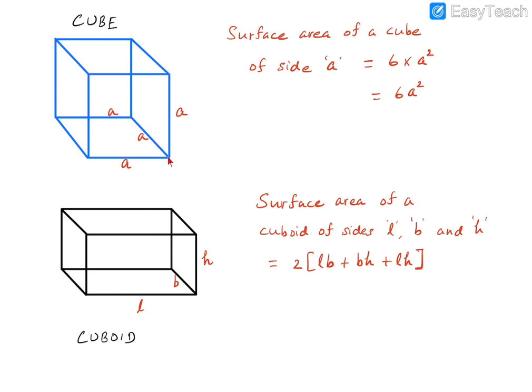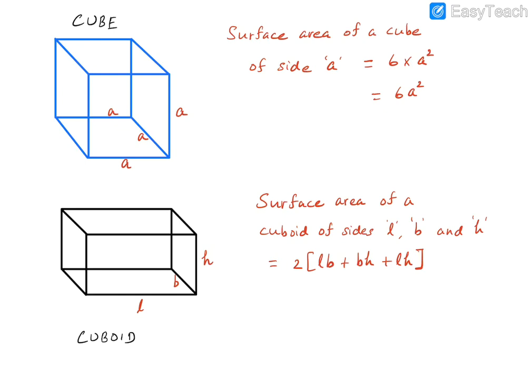So if we take one particular surface, it has a length of A units for each side of the square, so the area of each square is A square. Since we have 6 surfaces on the cube, the surface area of the cube is 6 times the area of each surface, which is 6 times A square.